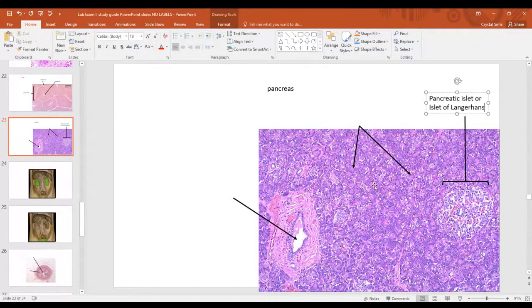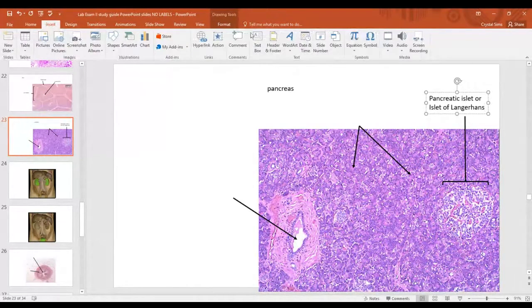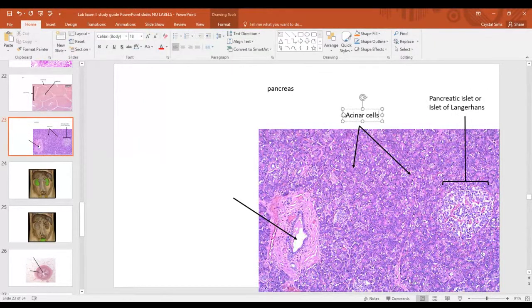All right. So what organ do we have here? Yes, this is the pancreas. Okay. We are looking at the pancreas here.